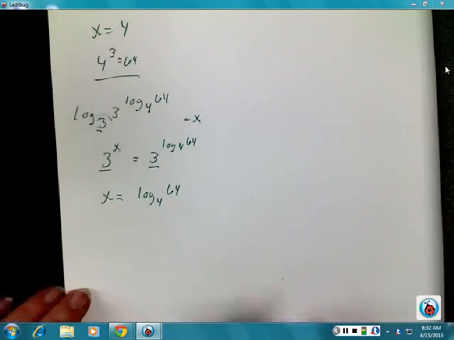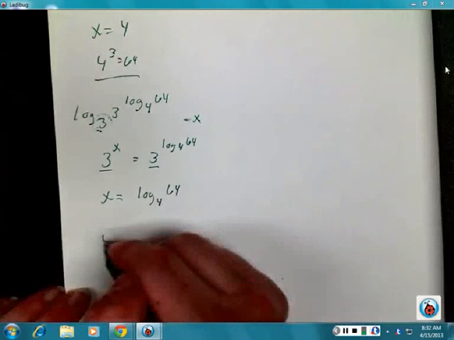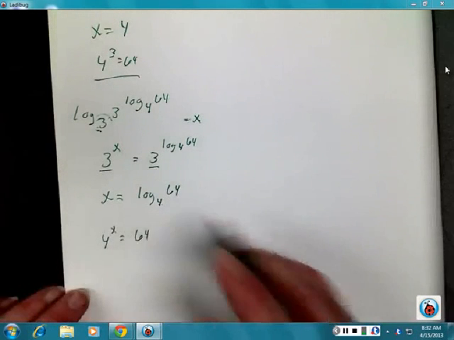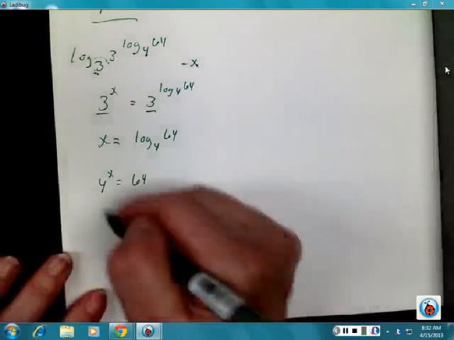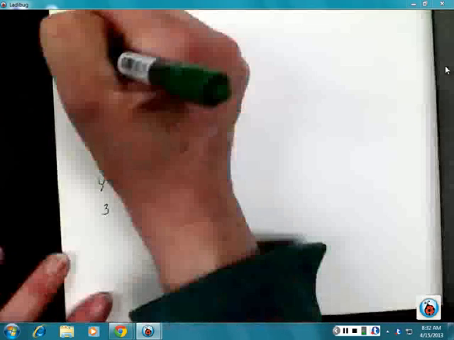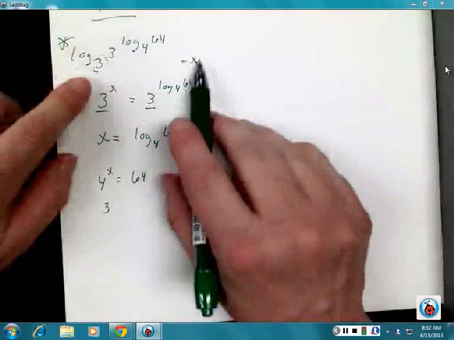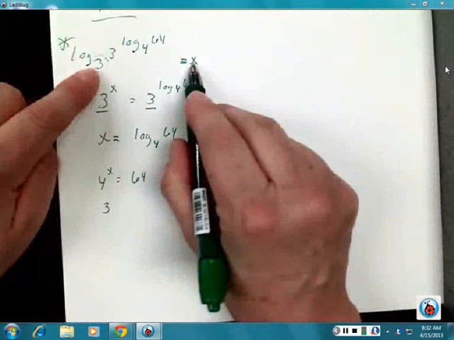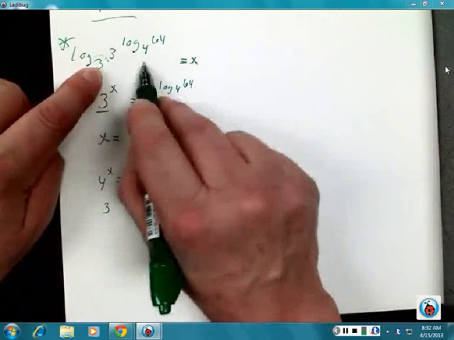So if I reverse this, I have 4 to the x power is equal to 64. So what must x be? We just finished it. So x must be 3. You might want to make sure you note that one somewhere because it pops up every once in a while in your Hawks exercises. So what we did was, because it was equal to x, I took my base to the exponent equaled this whole thing.